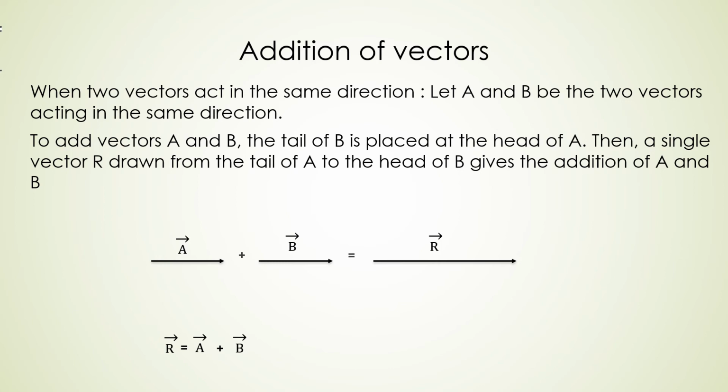To add these vectors A and B, the tail of B is placed at the head of A. Then a single vector R drawn from the tail of A to the head of B gives the addition of A and B. Therefore, R, which is the resultant vector, is equal to A plus B.